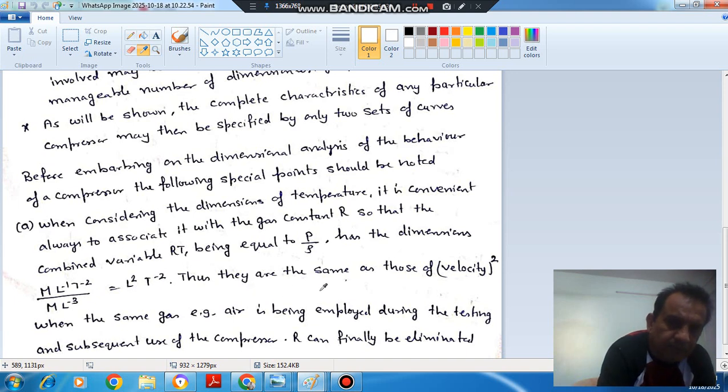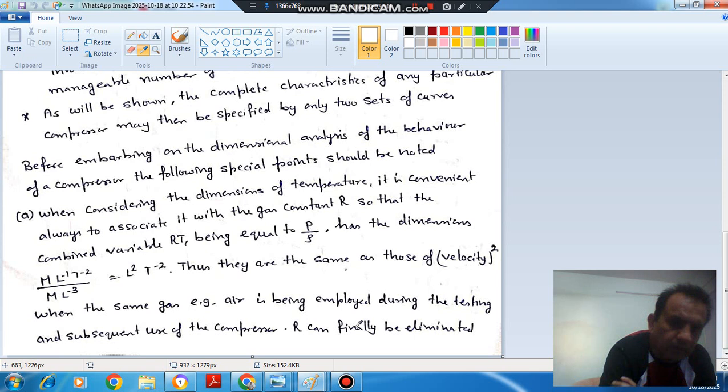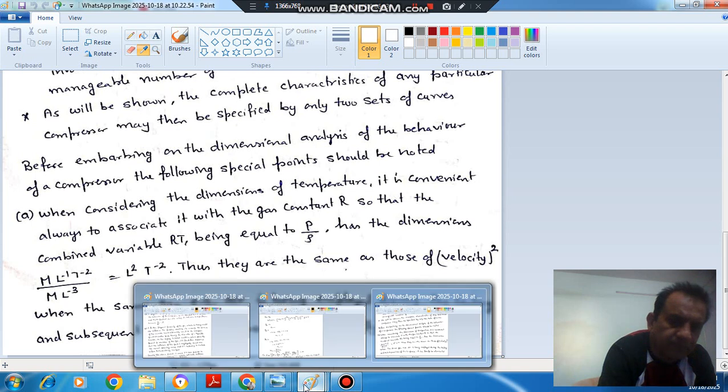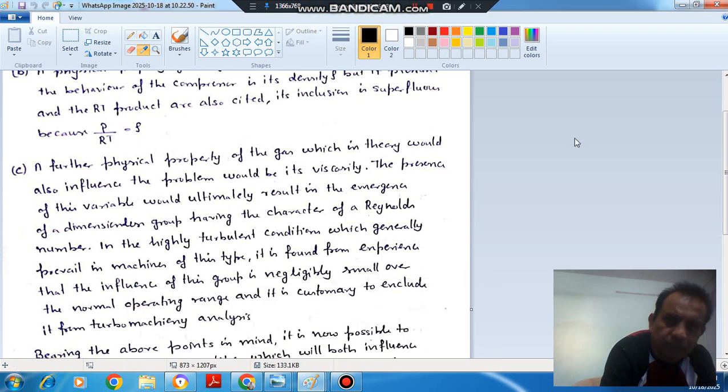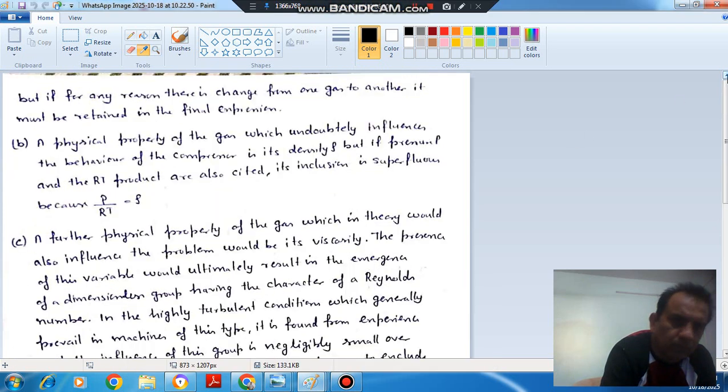Thus they are the same as those of velocity squared, because this is the velocity scale dimension. When the same gas, for example air, is being used during the testing and subsequent use of the compressor, R is finally eliminated, because R is the same, because the gas is the same. But if a different gas is used, then R has to be taken into account.